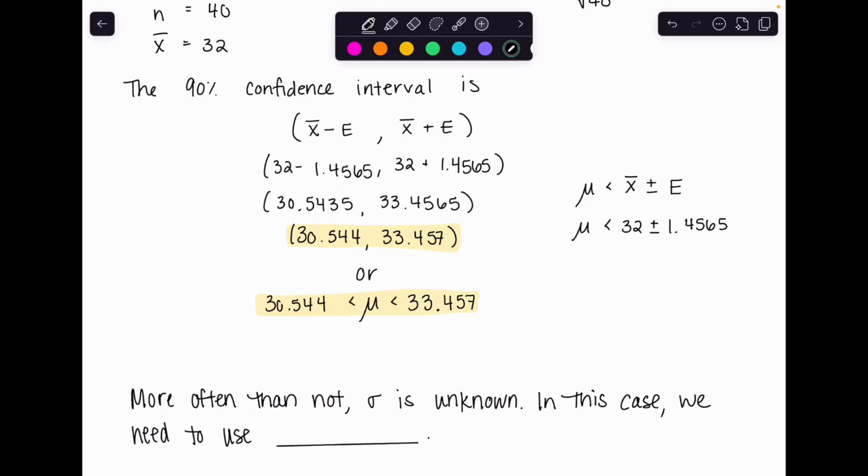If that's the case, I no longer get to use my z-scores to find my critical value. Instead, we're going to use something called t-distributions. It's very similar. It has a table that we're going to use to be able to find those critical values, but it's a slightly different distribution.